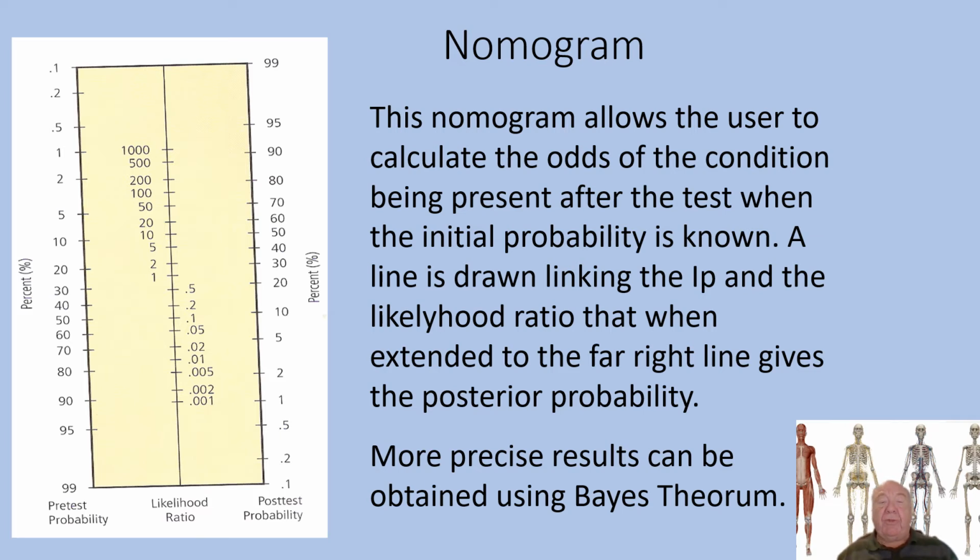So what you do is draw a line from the pre-test probability through the likelihood ratio of the test, and where it comes out on the other side is the post-test probability. Bayes' theorem can be used, which is basically multiplying the pre-test odds by the likelihood ratio, or you can use this nomogram.